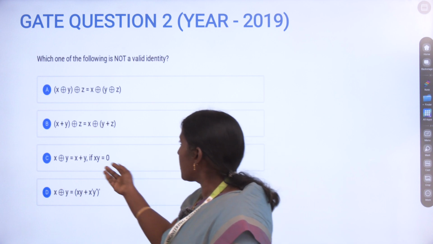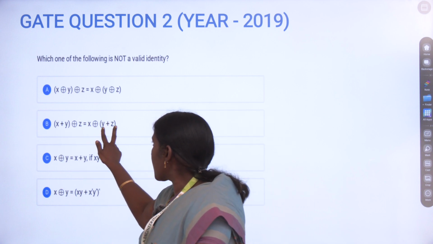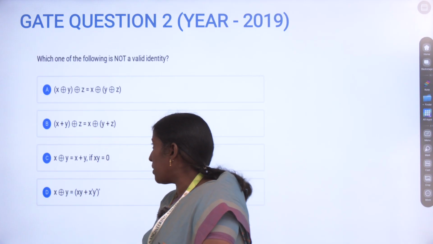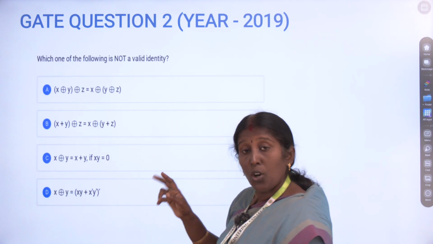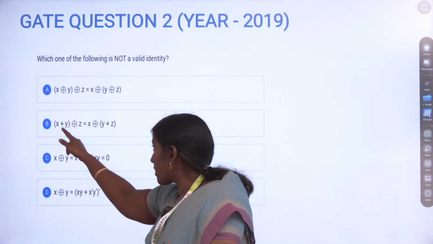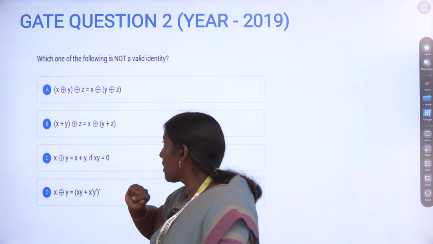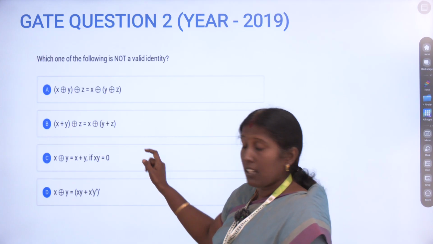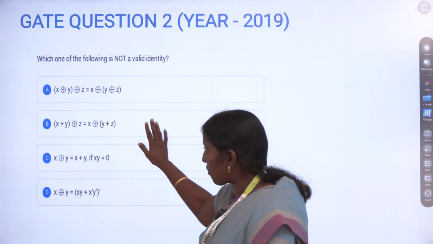Commutative law means x plus y equal to y plus x, but we have one more variable. If it is associative law, all the operators should be same, but here one of the operators is plus, the other operator is XOR. So 100% this B choice is wrong.